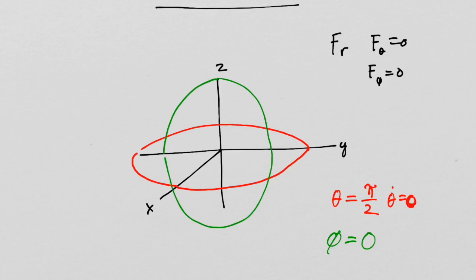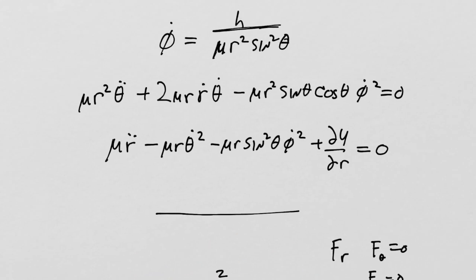I'm sorry, not a constant. It's 0, right? It doesn't leave the plane. And likewise, we could say phi equals 0 and phi dot equals 0. And if we did that and we went into these equations, what would happen? Well, the first thing that would happen is this would be 0, right?